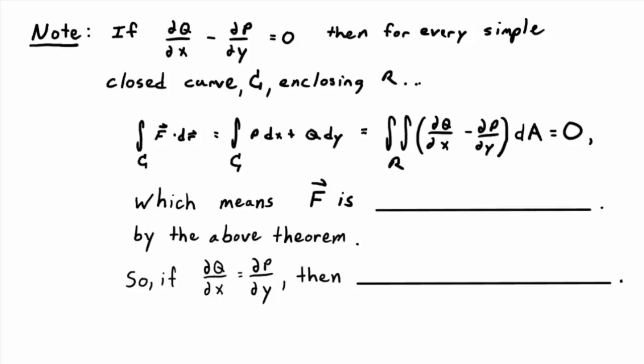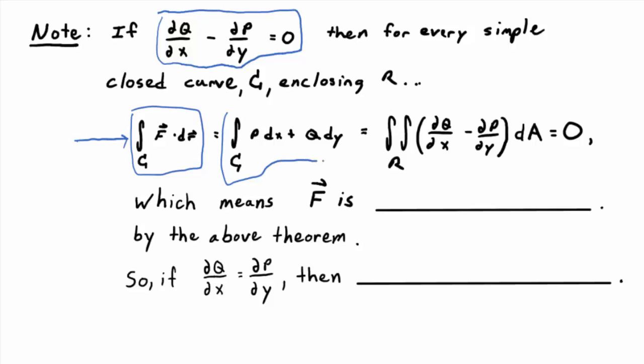So the note says, we're assuming that the integrand from Green's theorem is 0. So if it's equal to 0, then for every simple closed curve C enclosing R, would you agree with this statement? That the line integral, so this is just one notation for the line integral. This is just to remind you that this is the differential form for the line integral, two equivalent ways of representing line integrals.